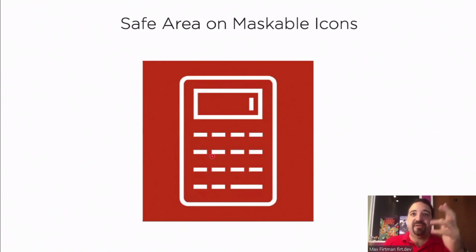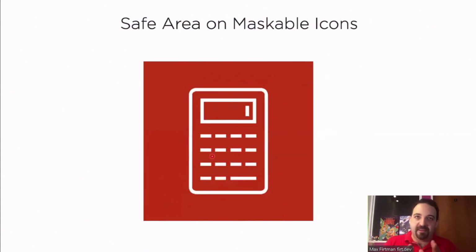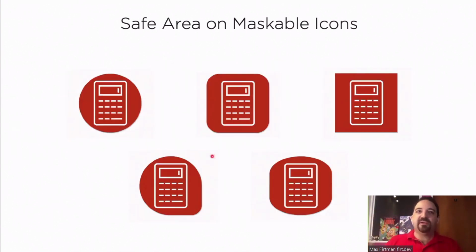What we need to do is actually probably increase the padding like this. Okay, so if we increase the padding, then our content, our logo actually fits within the safe area, and now icons will look fine on every Android shape. Okay, makes sense?